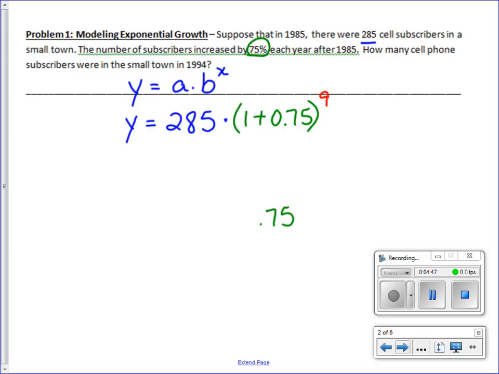And that we get from taking our 1985 and our 1994. You could just subtract just as easily. 1994 minus 1985 would also give you 9 years.